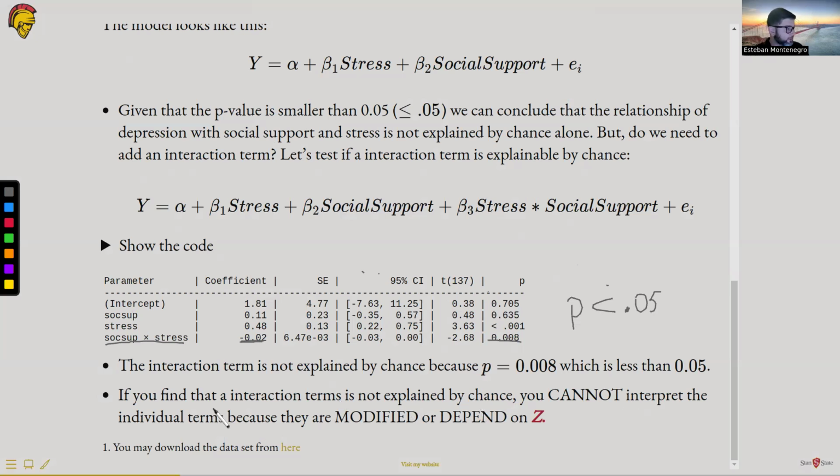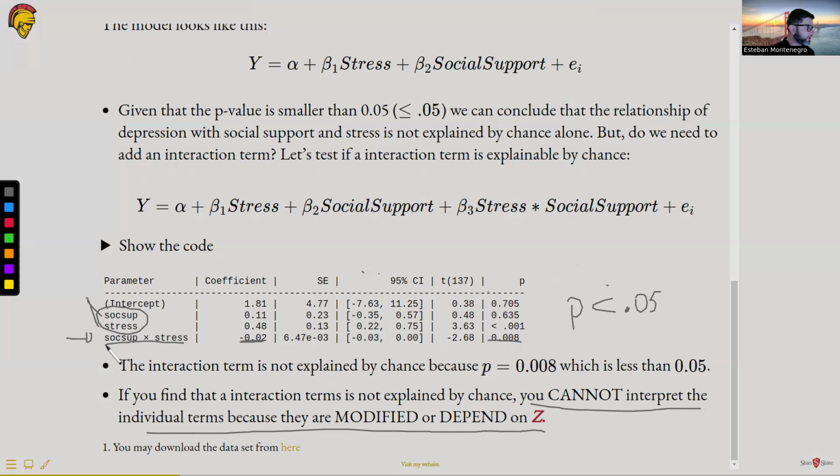If you find that interaction term is not explained by chance, you cannot interpret the individual terms because they are modified or depend on Z. Let me explain what I tried to say here. Look at that. You can download the data from here too, by the way. What I'm trying to say here is that when you have an interaction that is not explained by chance, you cannot interpret these terms anymore, right?